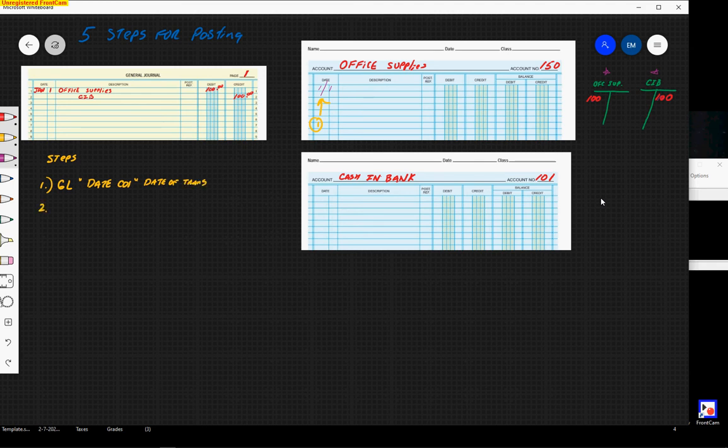The second step, what form? General ledger. Where on the form? Well, the post reference column. What goes in there?